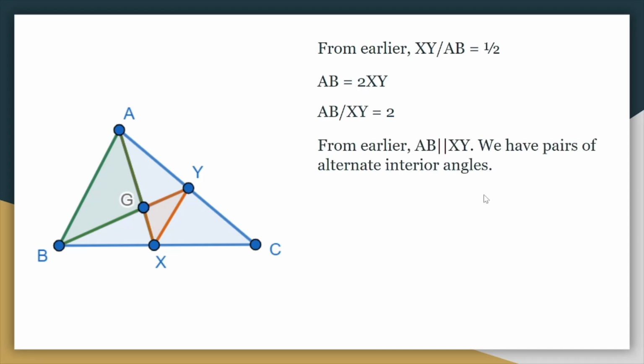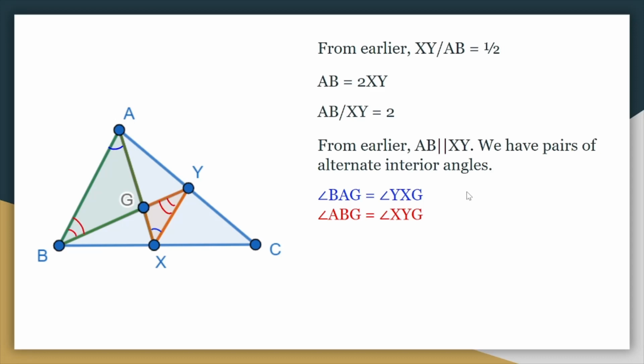So from earlier, we found out that AB is parallel to XY, and so we'll have pairs of alternate interior angles. And so angle BAG equals angle YXG, since transversal AX cuts through the parallel lines, and angle ABG equals angle XYG, since transversal BY also cuts through the parallel lines.